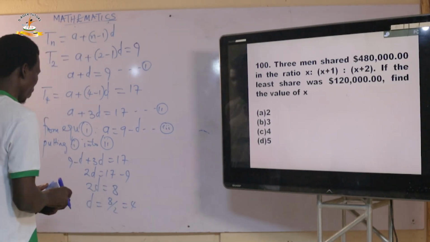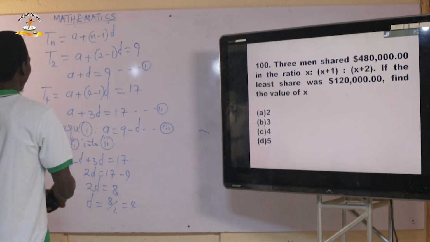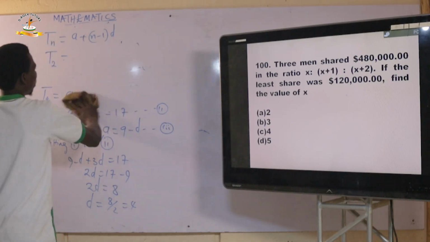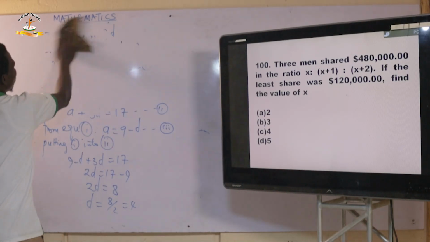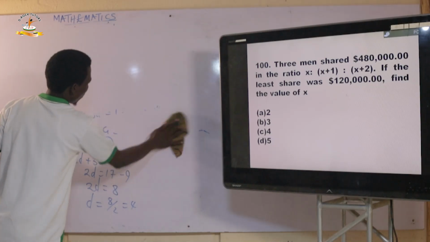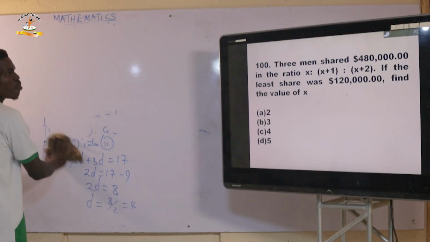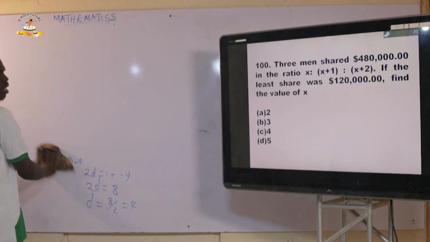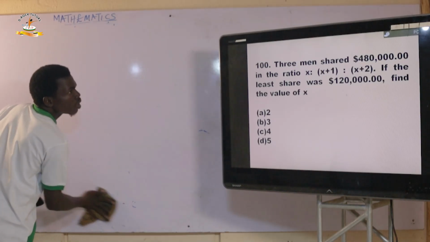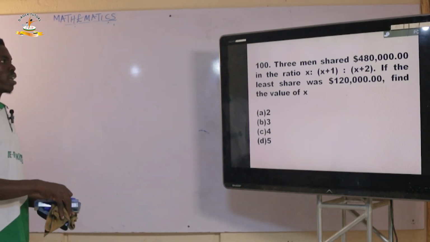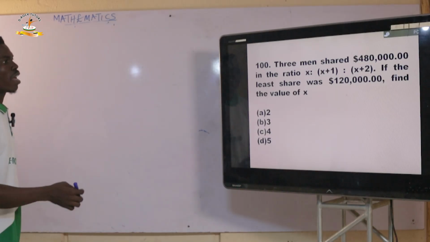And let's do justice to it again. So we have 3 men who shared $480,000 in the ratio x, x plus 1, x plus 2.